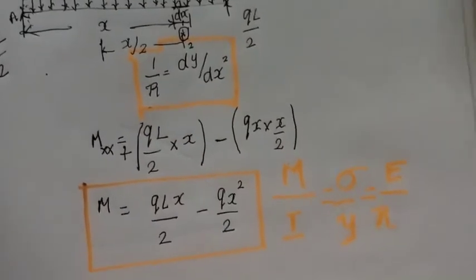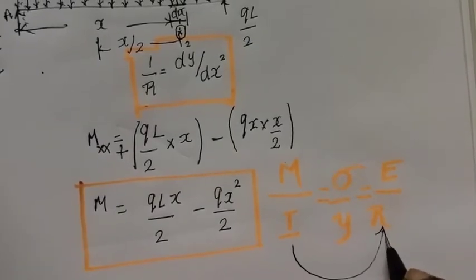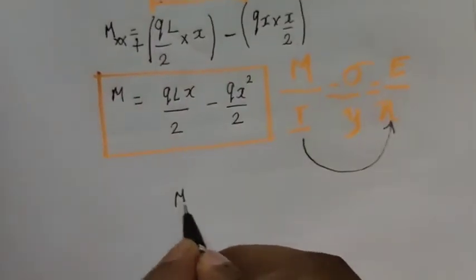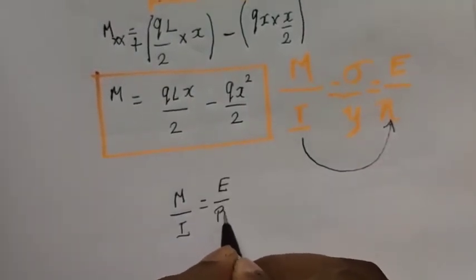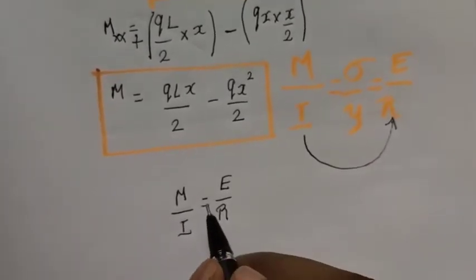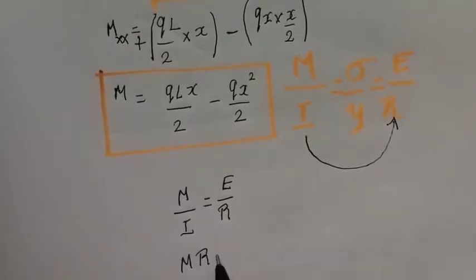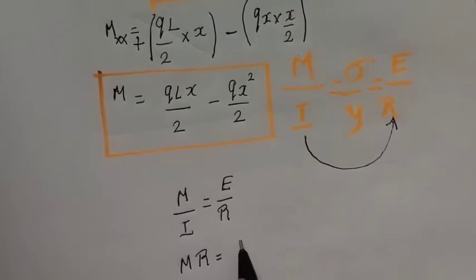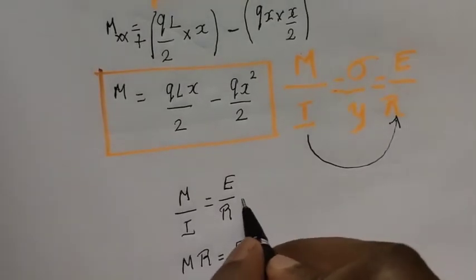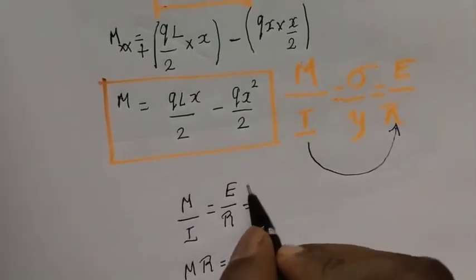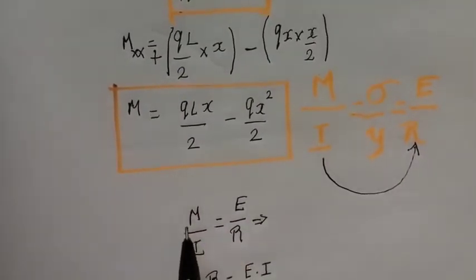And I'm going to concentrate on the first part, and I'm going to relate it with the third part. So what I will be getting is M by I is equal to E by R. Now I can tell you that M into R is equal to E into I. You see, I can take this equation and substitute the value of 1 by R in this particular equation, and I can take this value of M and put it over here.